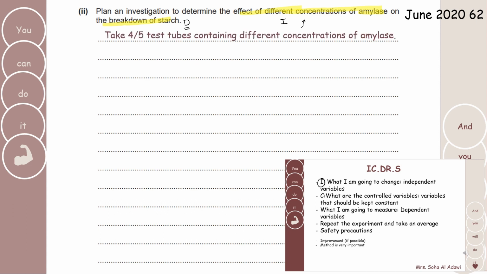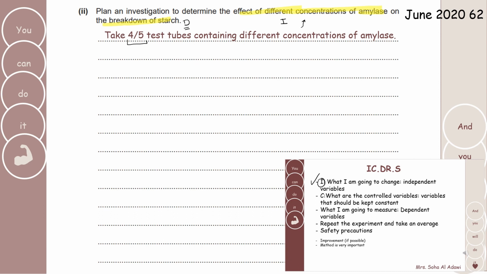What do I mean by this? I mean that instead of saying the independent variable is different concentrations of amylase, you have to say we are going to take 4 or 5 test tubes containing different concentrations of amylase. And here we're done with the independent variable and the method of using the independent variable.